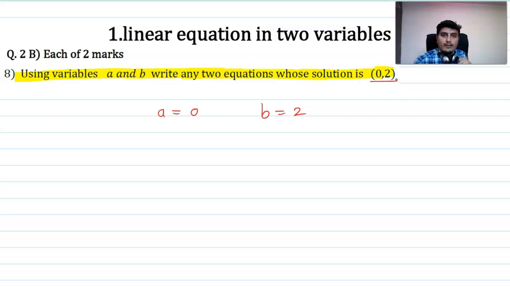That means the value of a is 0 and b is 2. Once we add both values, 0 plus 2, we get 2. So a is 0 and b is 2, then a plus b equals 2. That means 0, 2 should satisfy the given equation.